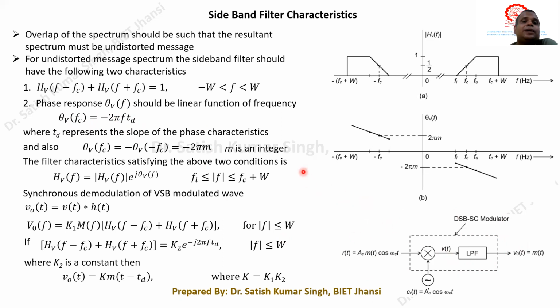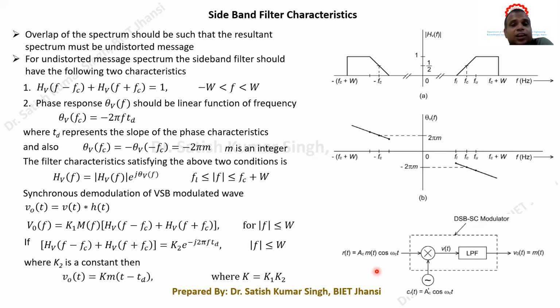We try to understand the necessity for the phase response to be a linear function. If it is not a linear function, then different frequency components are delayed by different amounts by this filter. If it is a linear function, then all the frequency components are delayed by the same amount of time. Delaying the output is not making any error.